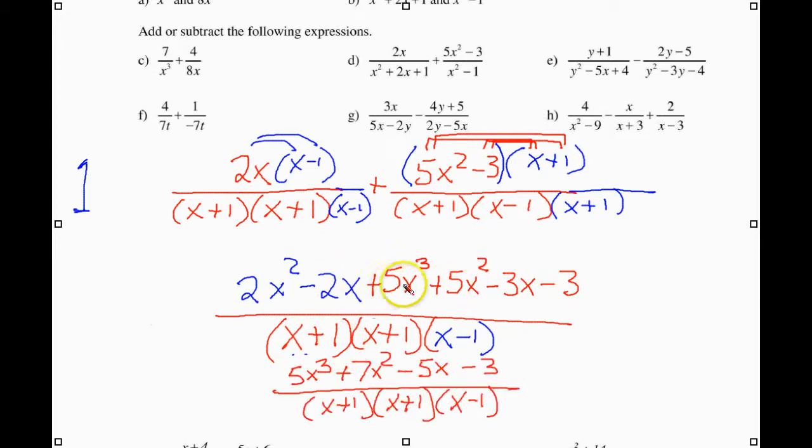So this is by itself, put it there. My 2x squared and 5x squared give me a 7x squared. My negative 2x and a negative 3x gives me a negative 5x, and then I just have a negative 3. And that will be the answer for letter D.